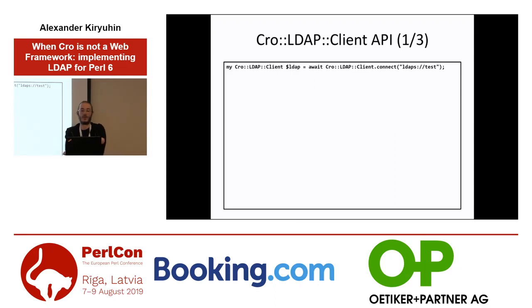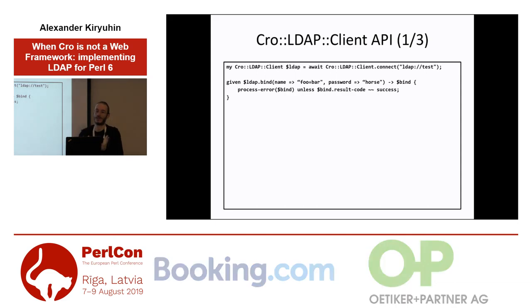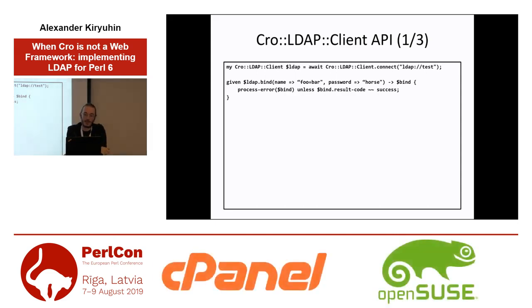Okay, we are fine. And firstly, of course, we need to connect. So the Cro-LDAP client connect method with some LDAP URL. And once this promise is kept, it means we are connected and we have a working Cro-LDAP client. So the first operation, it is not necessary to be first, but we likely do want it, for the server to know who we are.